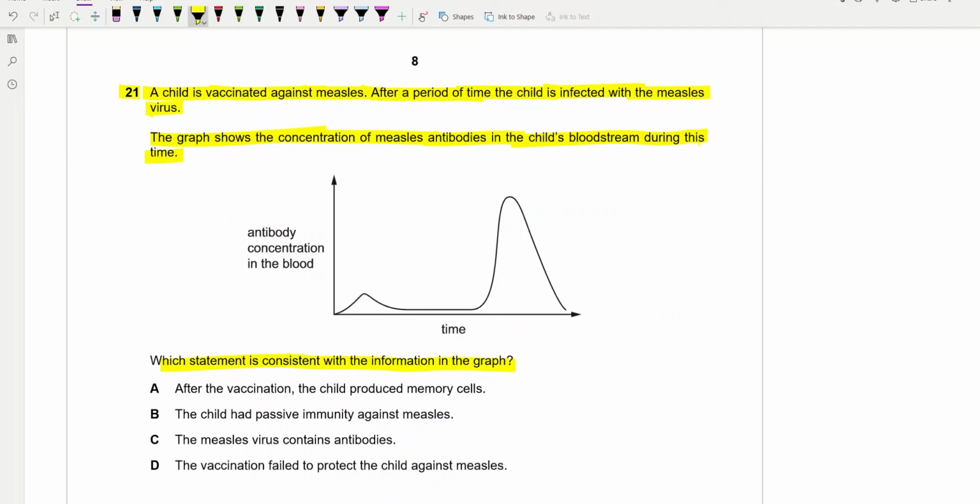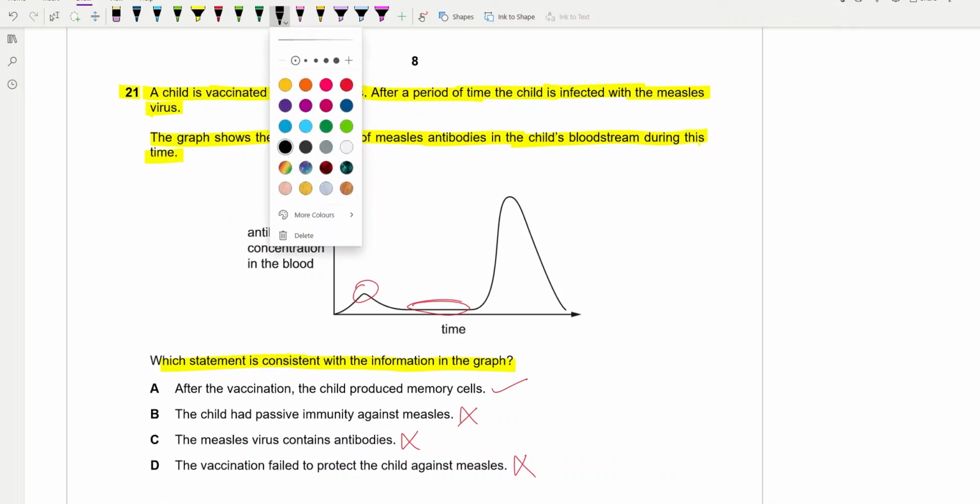So, option A says after the vaccination, the child produced memory cells, which seems correct, as after the vaccination, the antibodies were still present. Option B, the child had passive immunity against the measles, which is wrong. Option C, the measles virus contains antibodies, which is wrong. Option D, the vaccination failed to protect the child against measles, which is wrong. So the correct option would be option A.